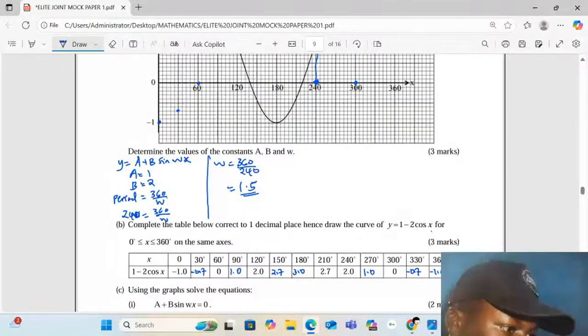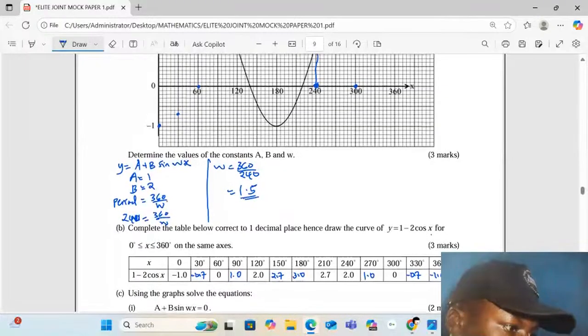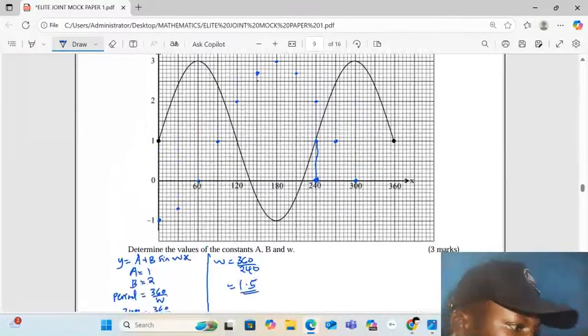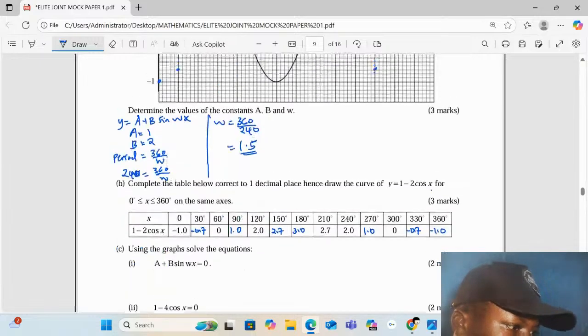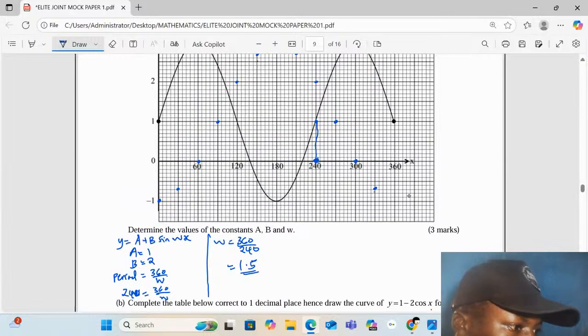Then you finish with 330, negative 0.7, somewhere here. Then lastly, 360, we have negative 1.0. So 360, we finish it here.